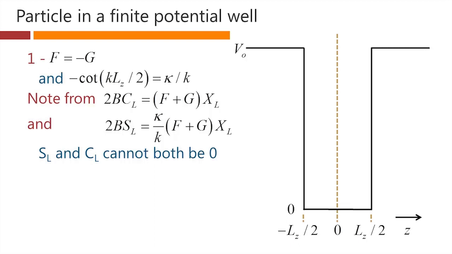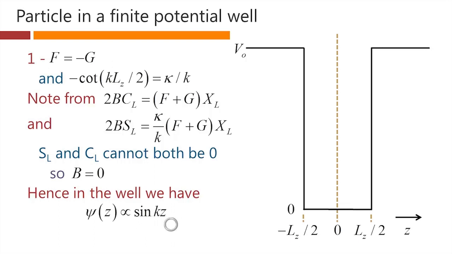It's not possible. So as before, now we conclude that b has to equal 0. Hence, inside the well, in this case, we have to have the sinusoidal solution. Remember, it was a sin kz plus b cos kz. Now the b has to be 0, so we're just left with the sinusoidal part in the middle here.